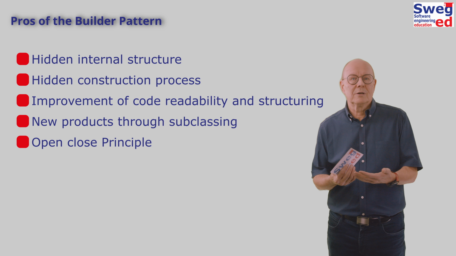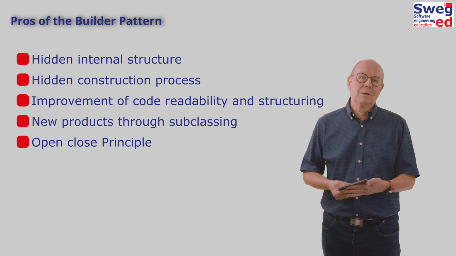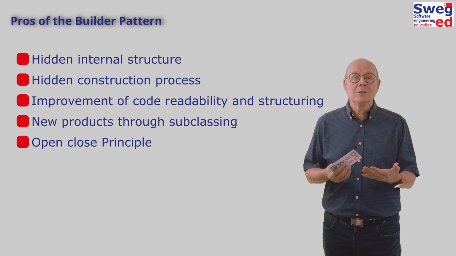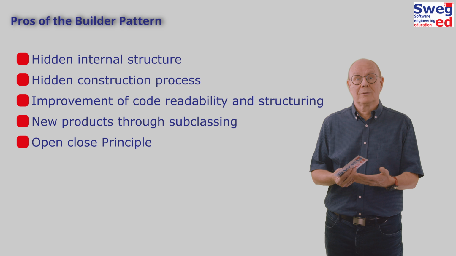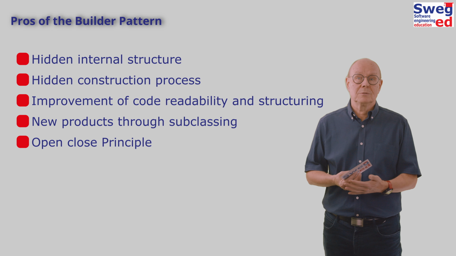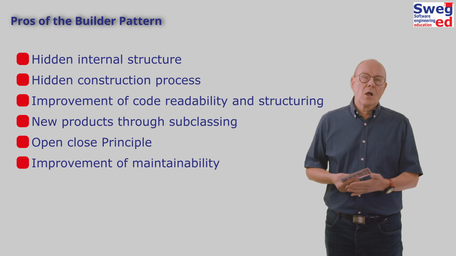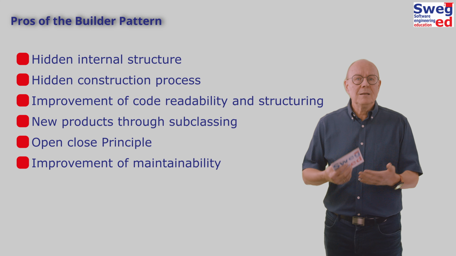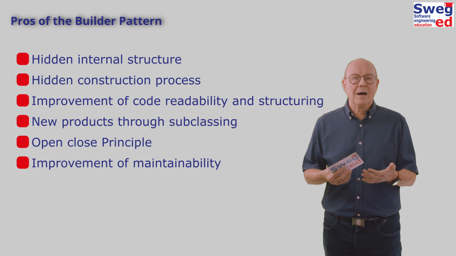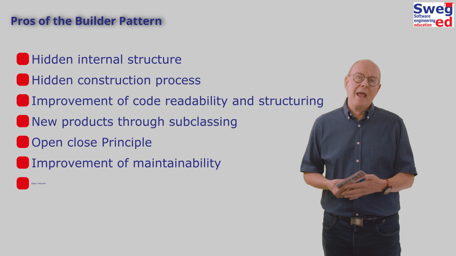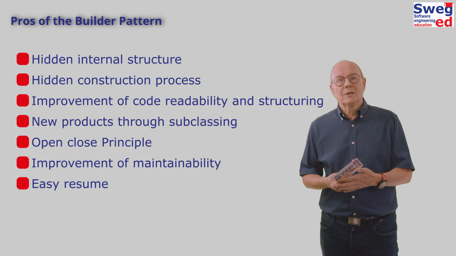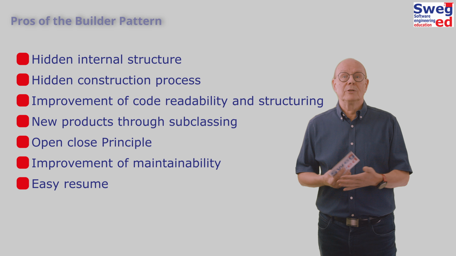This upholds the open-closed principle. We need only extend our code to create new products. We don't need to change code. Code is more maintainable. Specifics are handled by each builder subclass. And if a step fails, just redo that step, not everything.